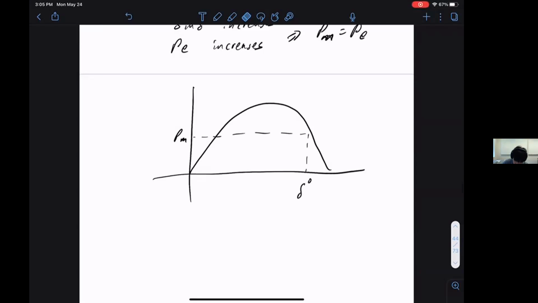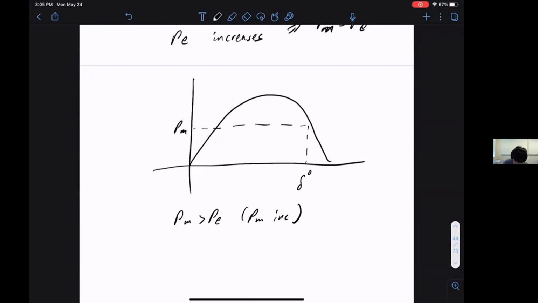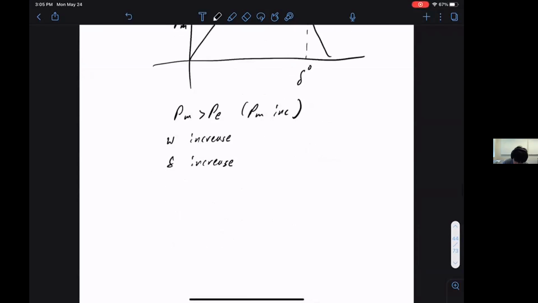But let's say PM becomes larger than PE, so PM increases. By the same argument, omega increases, delta increases. But then what about PE?